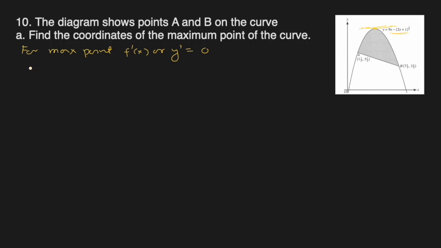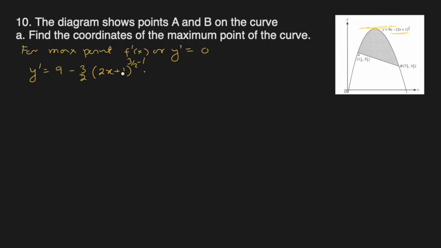So y prime will be the differentiation of 9x, which is just 9, minus the differentiation of this: the exponent 3 over 2 will come in front, then 2x plus 1 remains 2x plus 1, and the exponent goes down by 1. Further we have to multiply by the differentiation of what was inside the bracket.